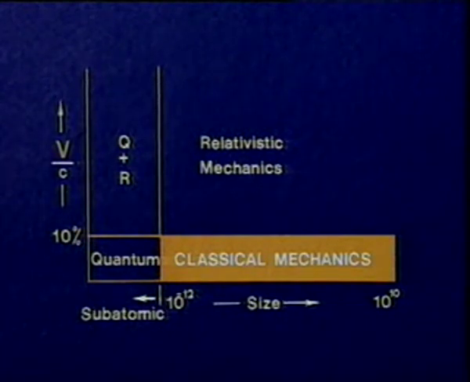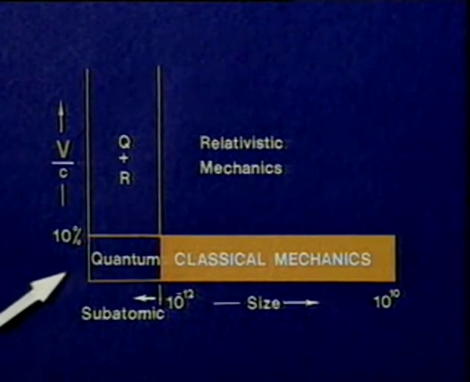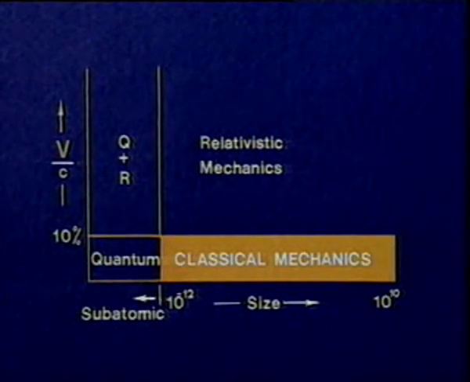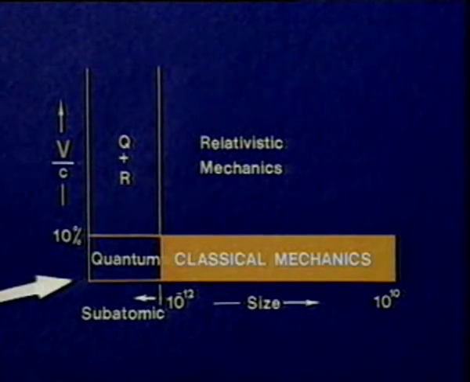We shall limit ourselves to classical mechanics. Material objects larger than subatomic particles with speed less than, say, 10% the speed of light obey the laws of classical mechanics. Of course, we shall take the state of rest as a special case of motion being zero.